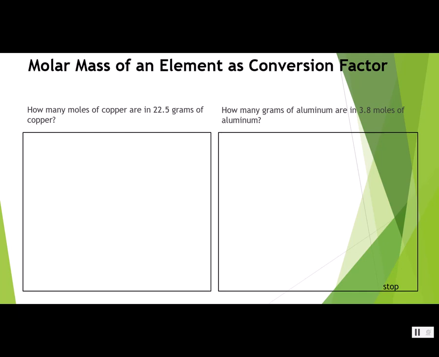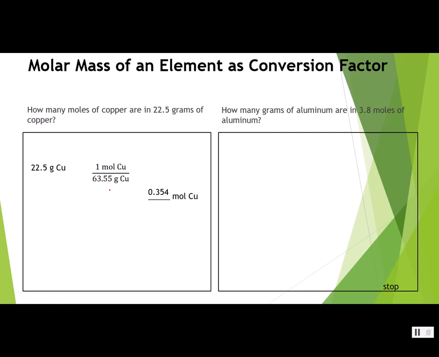So in this example, I want to know how many moles of copper are in 22.5 grams of copper. Write down what I'm given, 22.5 grams of copper. Write down what I'm looking for. I'm looking for moles of copper. I'm going to use the molar mass of that substance to go from grams to moles. I got that 63.55 number from the periodic table for copper.